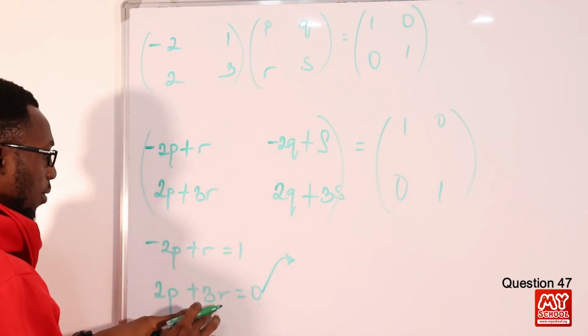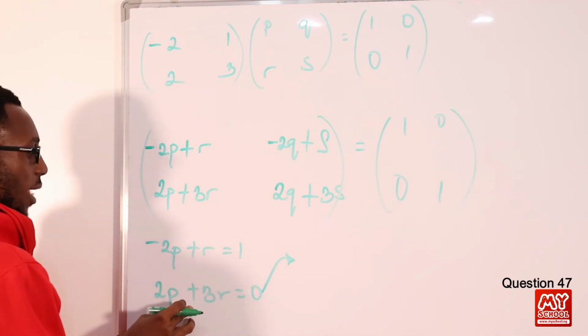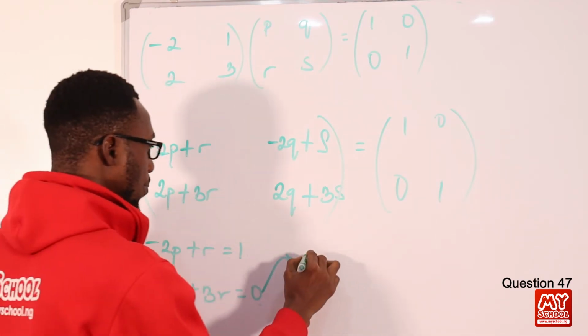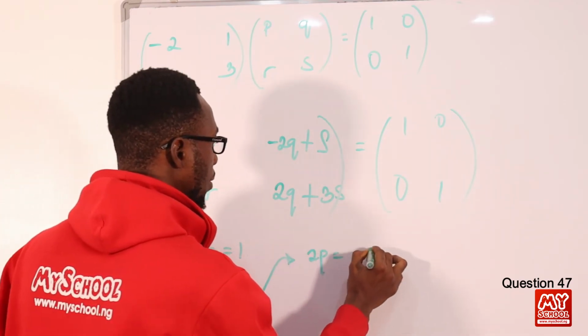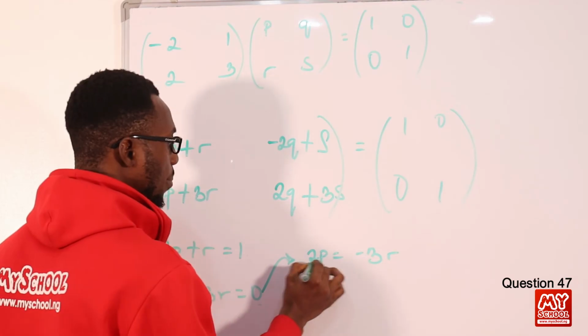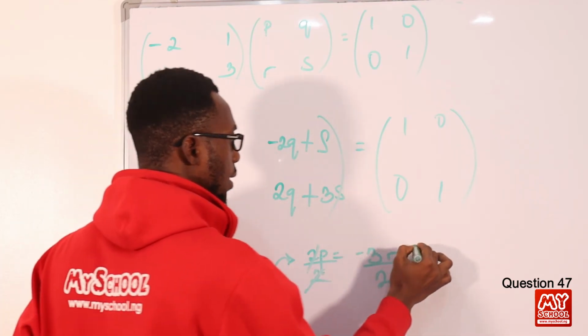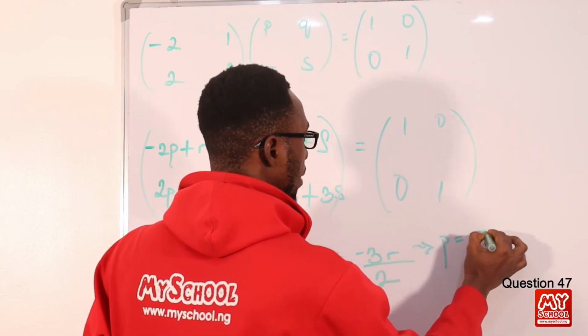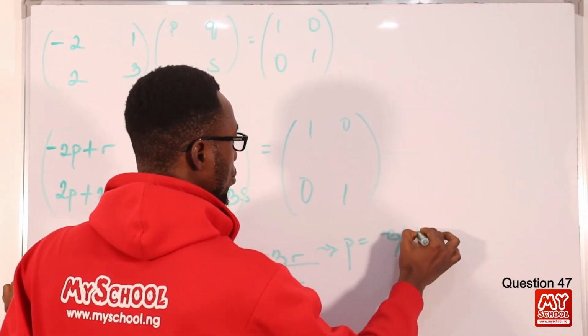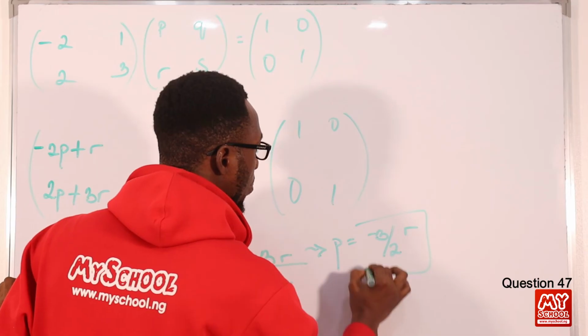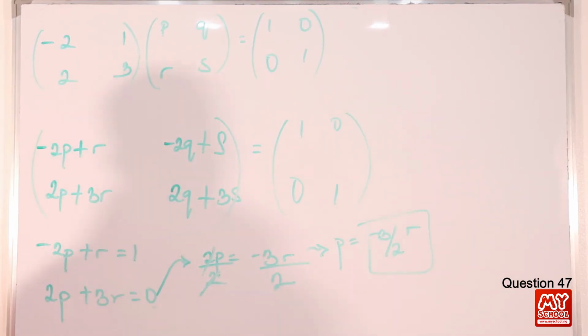So I have 2p plus 3r equals 0. So I want to make p the subject right here. So that will be 2p equals minus 3r. What do I do? Divide both sides by the coefficient of p, which is 2. So that implies that p equals minus 3 over 2 r. So anywhere I see p, what do I put? Minus 3 over 2 r. So we can slot it here and see what happens.